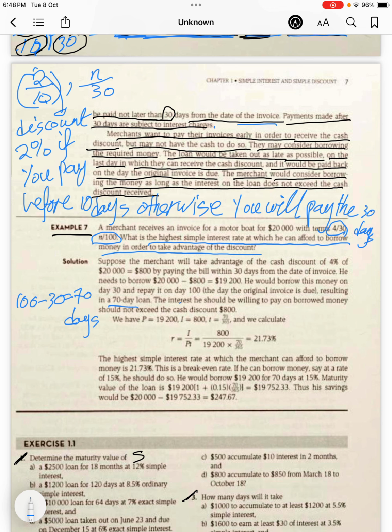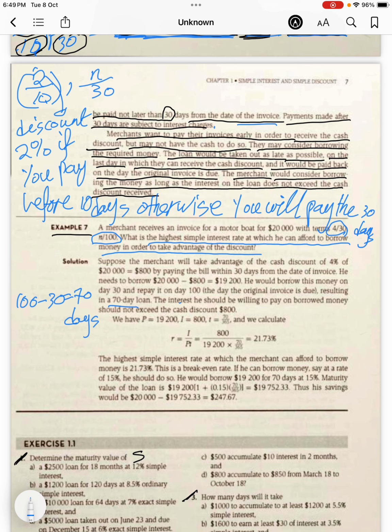The interest he should be willing to pay on borrowed money should not exceed the cash discount, 800. We have B equals 19,200, I equals 800, and T equals 70/365 days. I, which is the interest, the discount, we will use to calculate R, which is the highest simple interest rate.